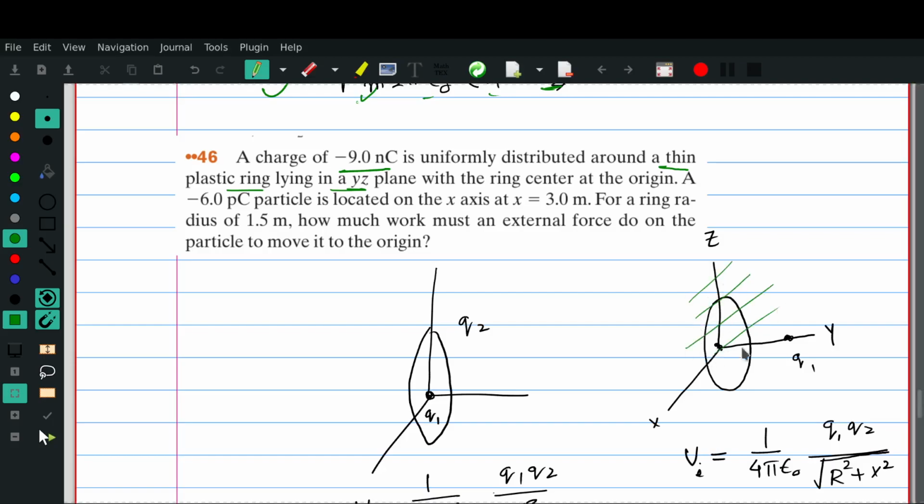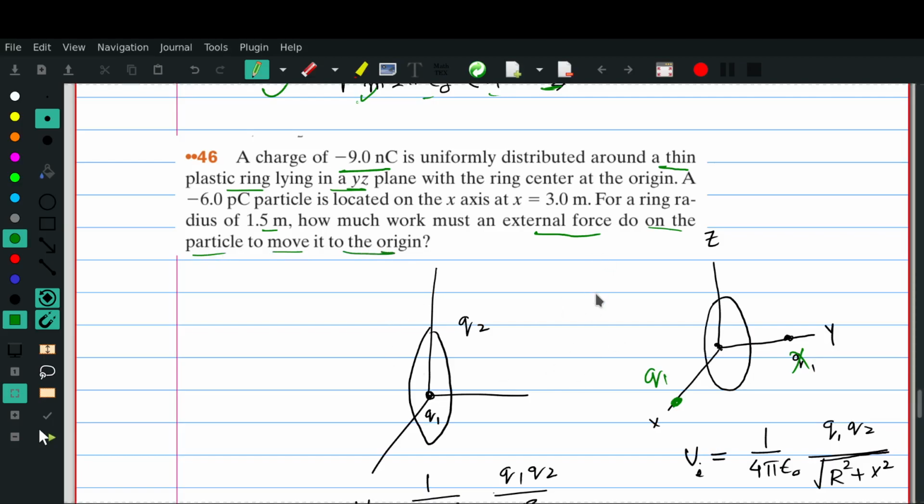A particle is located on the x-axis at x equal to 3 meters, for a ring of radius 1.5 meter. How much work must an external force do on the particle to move it to the origin?